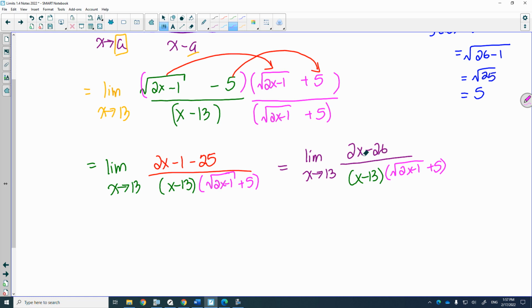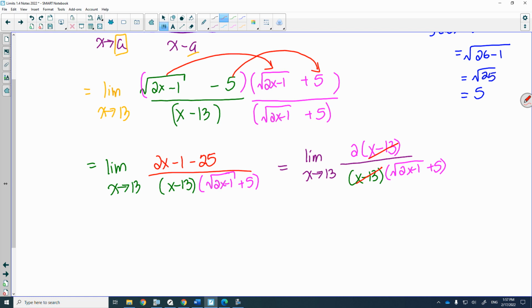Hopefully you could see from this numerator, if I factor out a 2, I'm going to be left with x minus 13. So I'm going to erase this, and I'm just going to rewrite that. So factor out a 2, and you'll be left with 2 and x minus 13. Here are the two factors that will cancel.